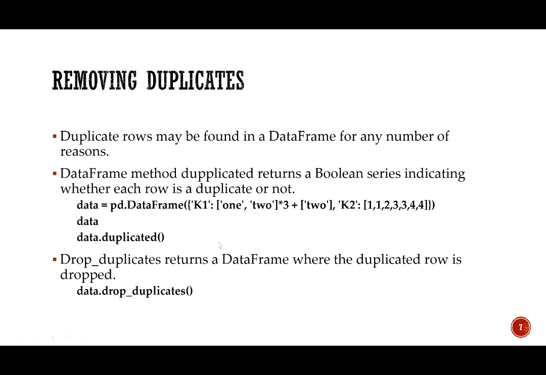There is another method, drop_duplicates. If we want to drop the duplicated row, then we apply this method and it returns a data frame where the duplicated row is dropped. So let's create this data frame and then we apply the duplicated method to see the True/False result, and then we drop the duplicated row.